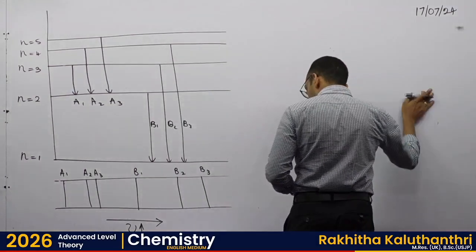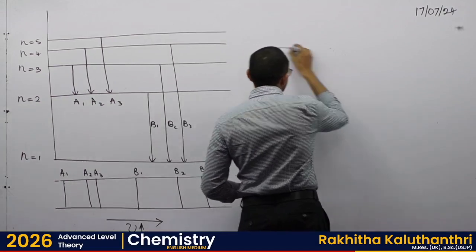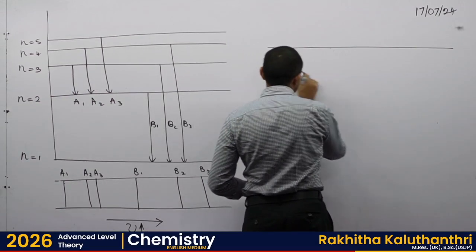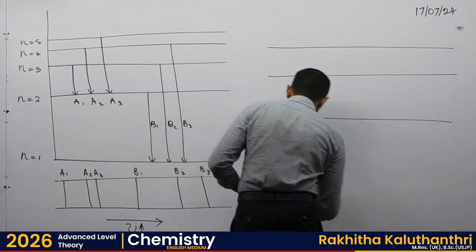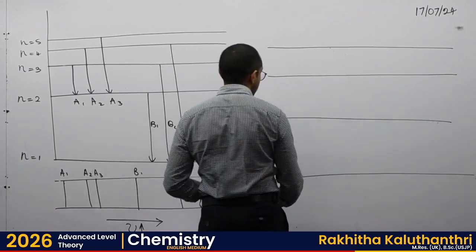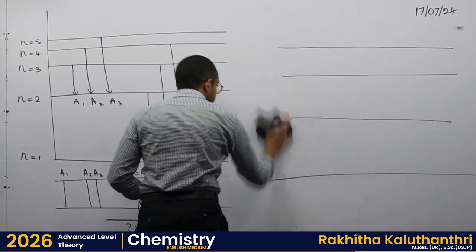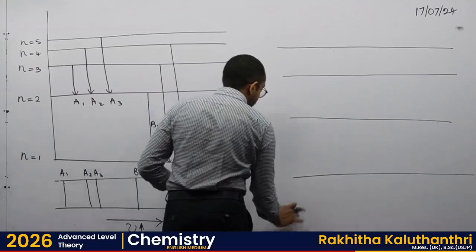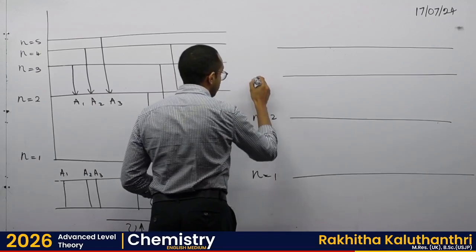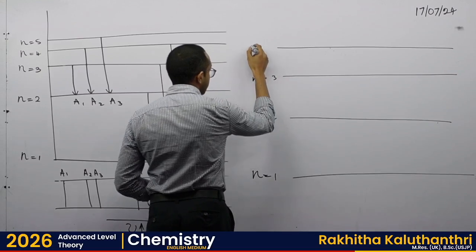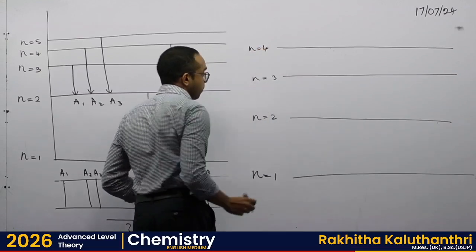So now students, in this question they have given you only 4 energy levels, right? This is the question. This is energy level 1, energy level 2, energy level 3 and energy level 4.